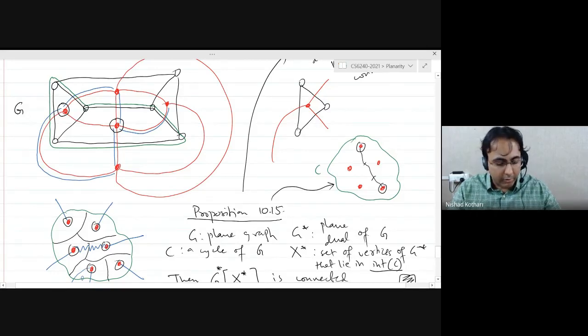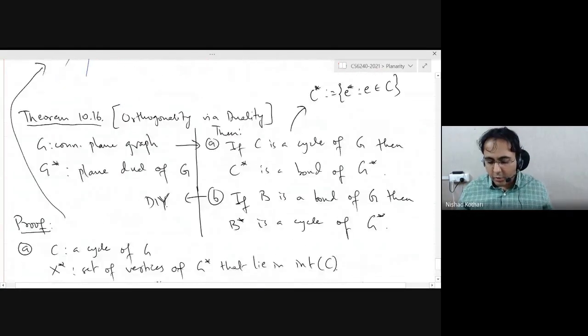Once we finish that part, we will move on to proving Kuratowski's theorem using the theory of bridges. We will be spending some time on the theory of bridges, and then in another lecture or two, we will go through the proof of Kuratowski's theorem. Okay, good. Any questions or concerns?